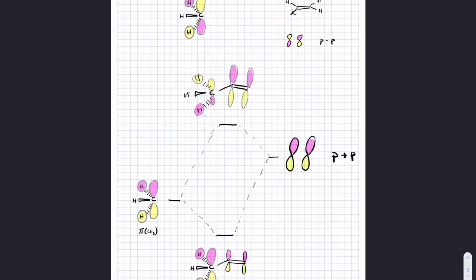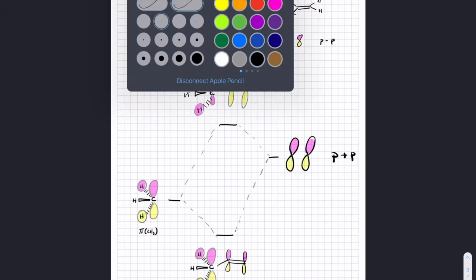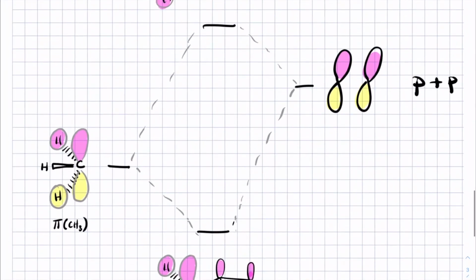Okay, so if we think about this molecule coming together, we have electrons associated, and the argument here is going to get a little bit hairy because of what electrons came from where. In our pyramidal methyl, we would have had electrons in a pi type orbital. We would also have had electrons in this p plus p orbital.